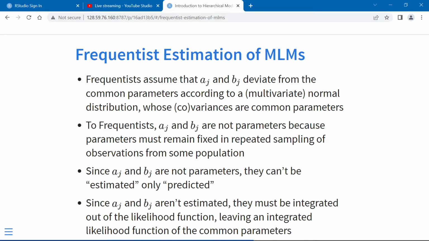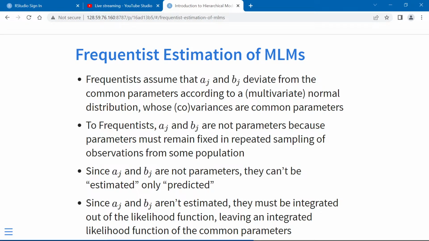And as a result, when you go to do maximum likelihood, you have to integrate the A's and the B's out of the original likelihood function to get a different likelihood function that only depends on the alphas and the betas and the sigmas and whatever else is a common population parameter. And then once you have that new likelihood function, you can take the logarithm of it and maximize it with respect to the parameter values.